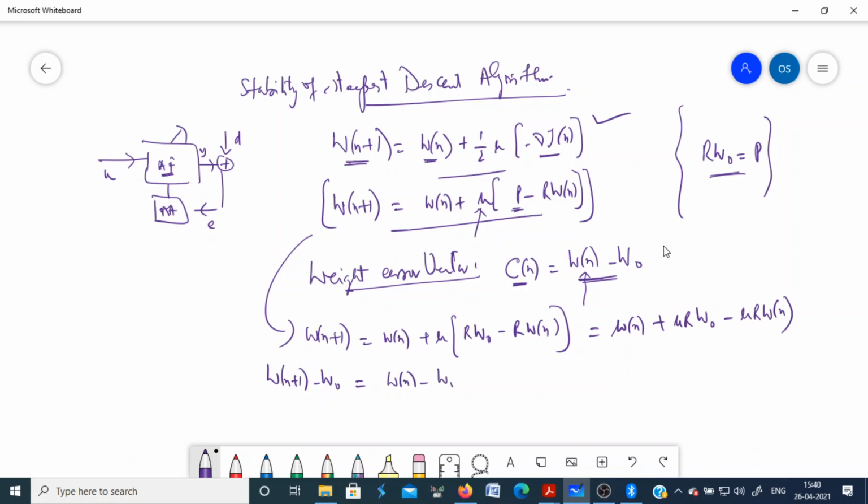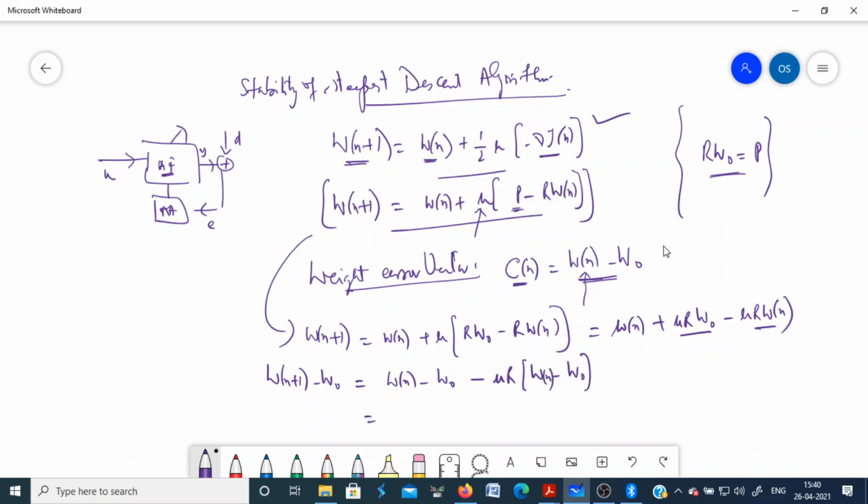Wn minus Wo, plus, taking minus mu R as common, inside you get Wn minus Wo.